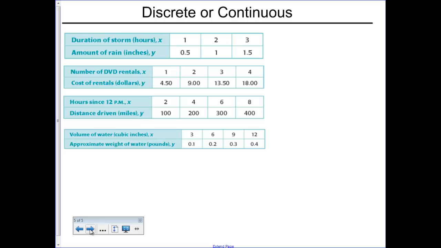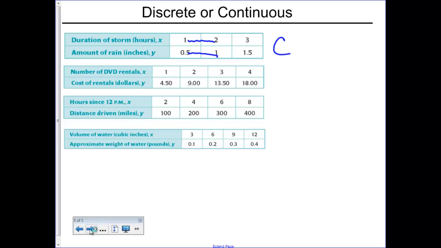They could last any number of hours in between. Same thing with the amount of rain. We don't have to measure it in 1 inch, 2 inches, 3 inches. We can measure it in any amount of inches in between, since both of those can contain decimal or fractional values. And if we were to graph them on an XY coordinate system, we would see a solid line. That would make them continuous.